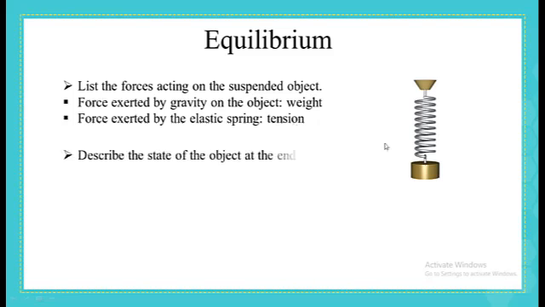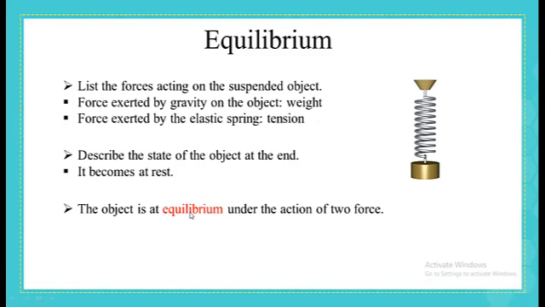One more time, let's describe the final state of the object. Yes, the object right now is not moving, it's at rest. Now, in this situation, we can say that the object is at equilibrium under the action of two forces.